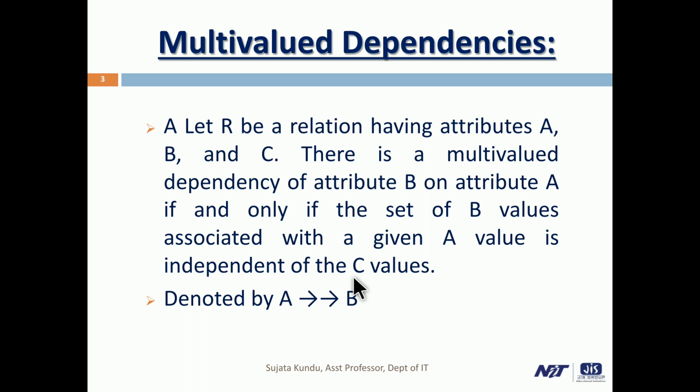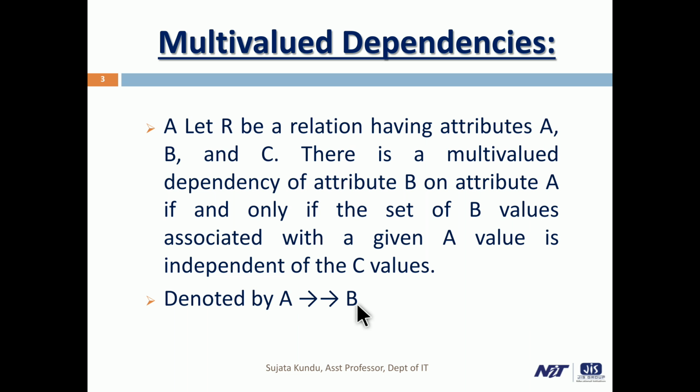We all know the concept of single dependency: B is dependent on A if for a single value of A there is a single value of B. In multi-valued dependency, with the help of one value of A, we can determine multiple values of B. That is the concept of multi-valued dependency.